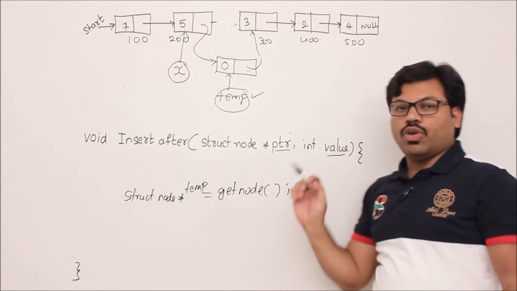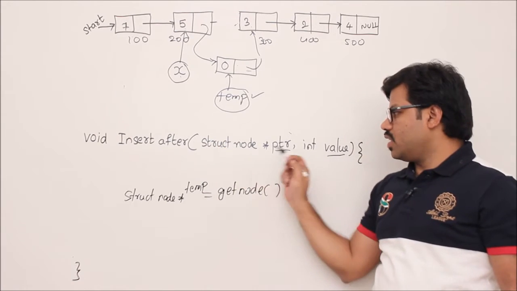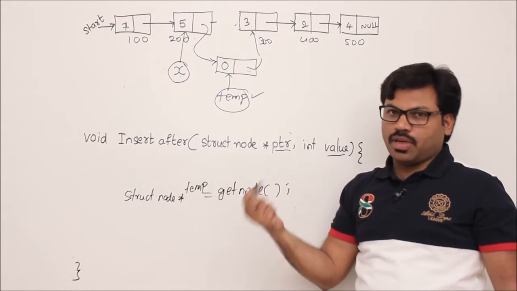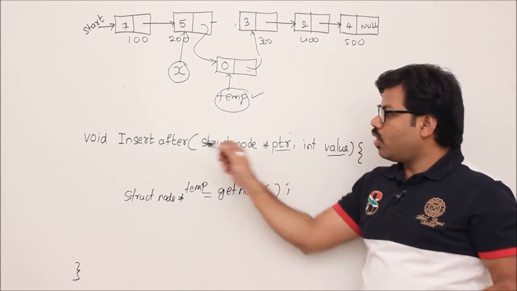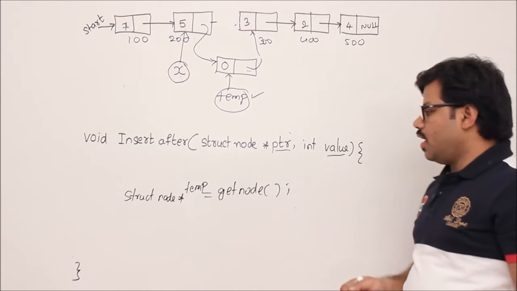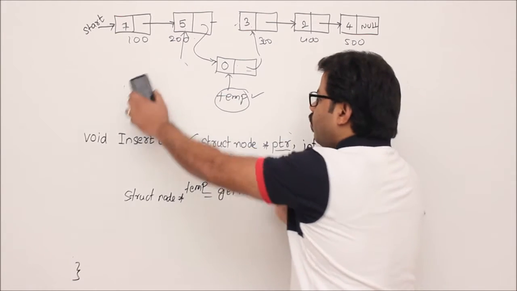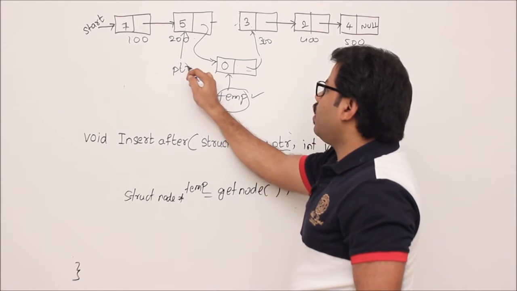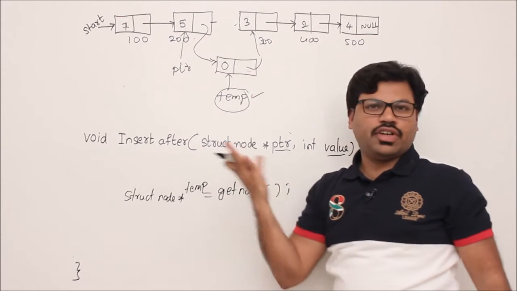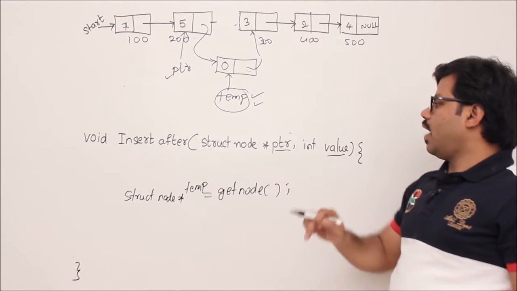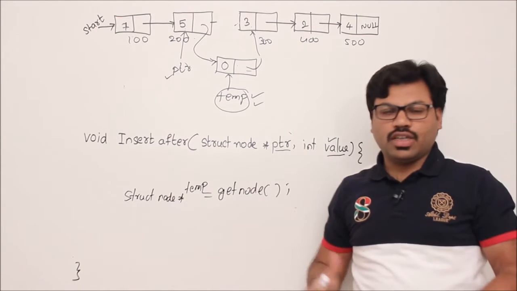Then before executing this program, PTR is going to contain 200. Passing 200 is the responsibility of the user who wants to use this method. So PTR is pointing to the node after which you are going to insert a value. We can use PTR, temp, and value to write the code.